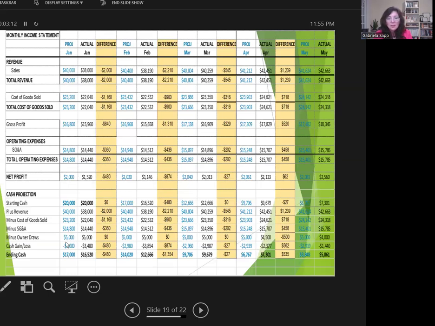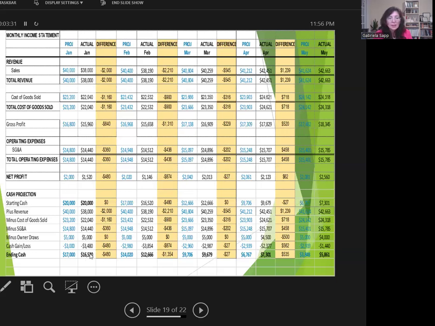Then you will see that your cash will decrease by $3,000. And look at what happened in the actual column. There is actually a higher decrease in cash of $3,480 just because your sales were lower.